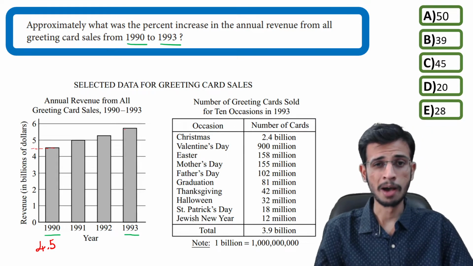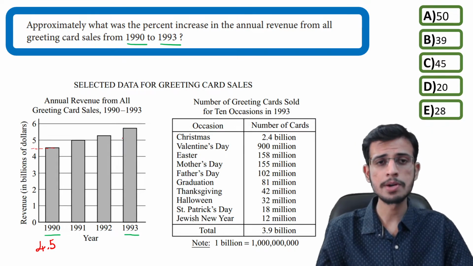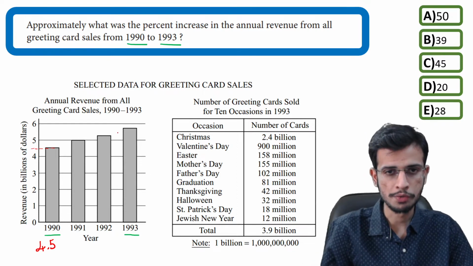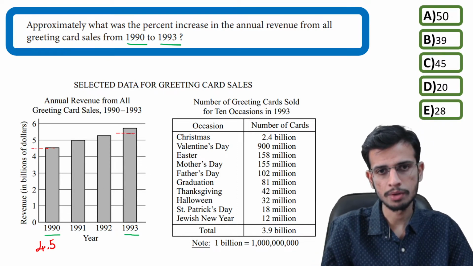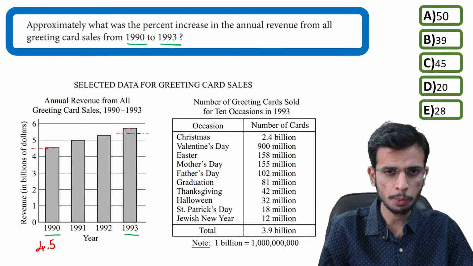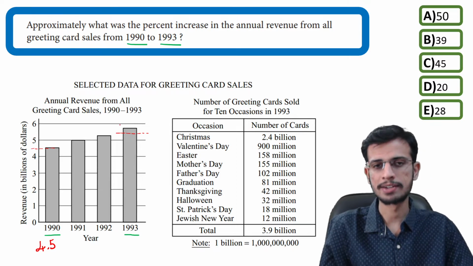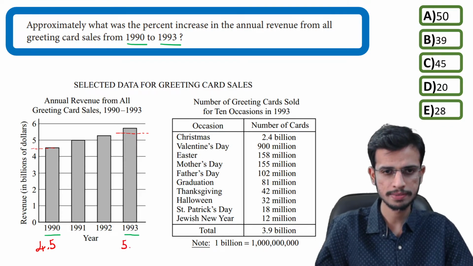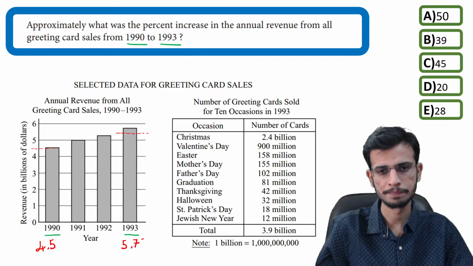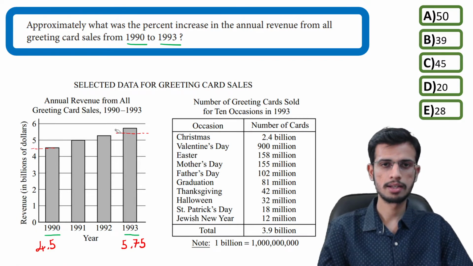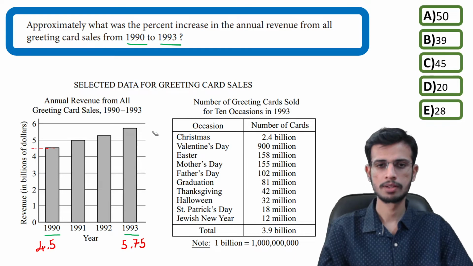this is our given bar graph. It's not exactly between 5 and 6, so it will be more than 5.5. If we locate 5.5, the bar is pointing between the red and the black, so you can say it is 5.75 billion dollars.